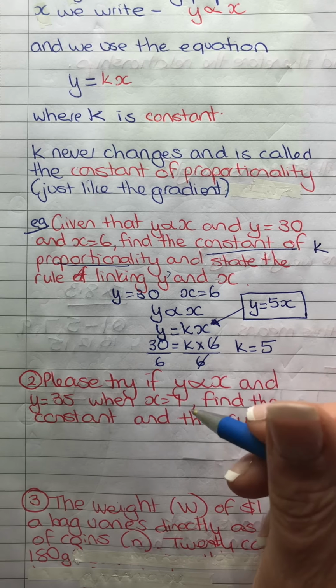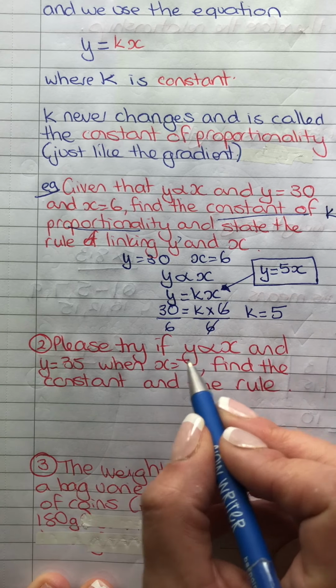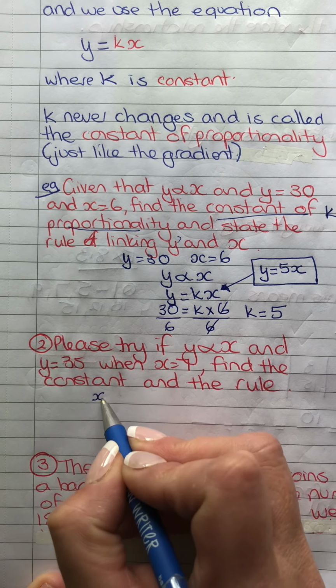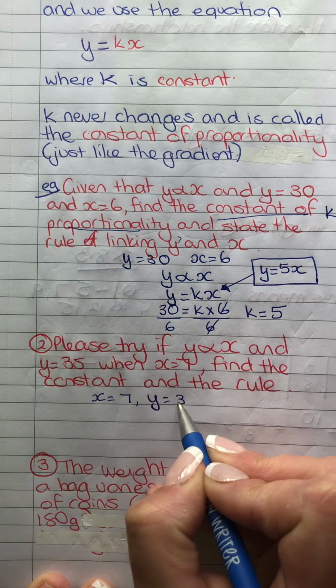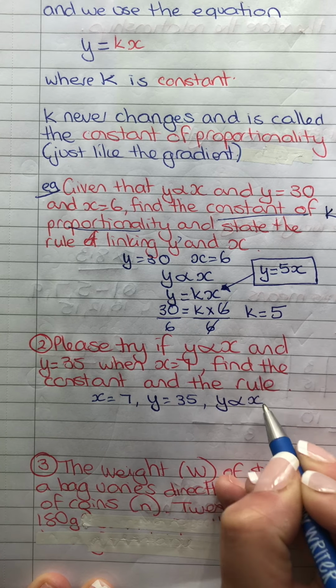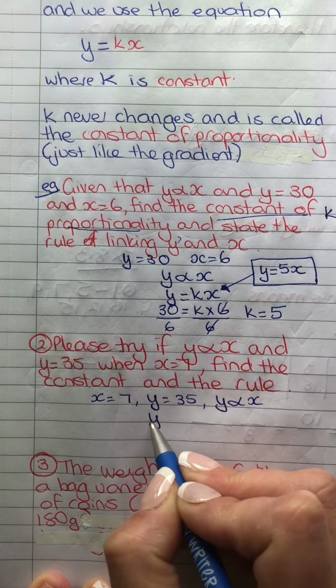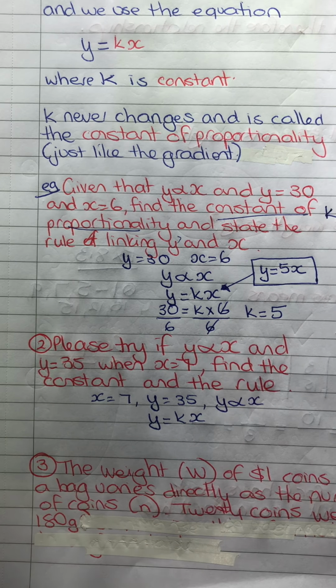All right, could everyone have a go at number 2, please? So you're going to write down, you don't have to write the sentence, write this down: x equals 7, y equals 35, and y is proportional to x, which means y equals kx. Okay, take a minute, have a go.